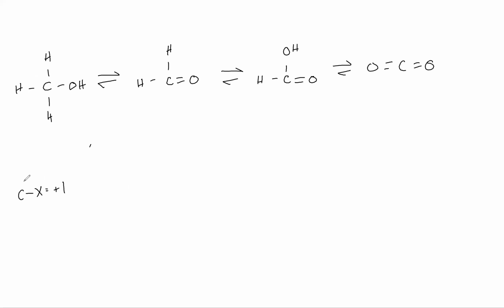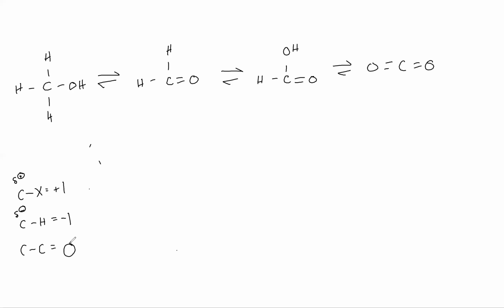Carbon-hydrogen bonds, we will give a value of -1 because carbon is very slightly more electronegative, so it's pulling negative charge away from the hydrogen, and the hydrogen is partially positive. Carbon-carbon bonds are exactly the same. They're pulling the exact same amount, so neither one is more electron dense than the other. So that's going to be 0.